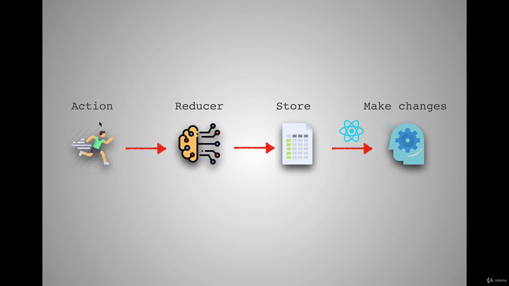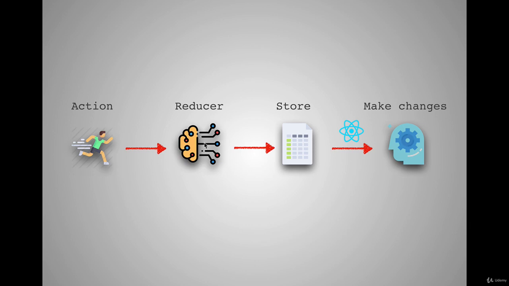What happens in Redux is that as soon as a user clicks on something, a button, and creates an action, it goes through something called a reducer. And a reducer is simply a pure function that receives an input, which is the action, so the user just clicked on a button, and creates an output.